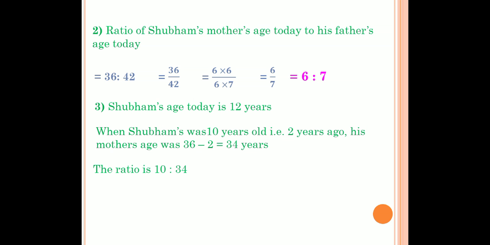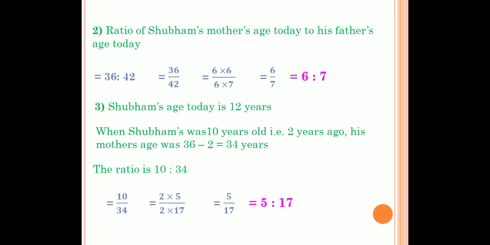So that means the ratio is 10 is to 34, that is equal to 10 upon 34. Which table is common? 2 times table. 2 5s are 10, 2 17s are 34. That is equal to 5 upon 17. That is how we get the ratio of 5 is to 17.